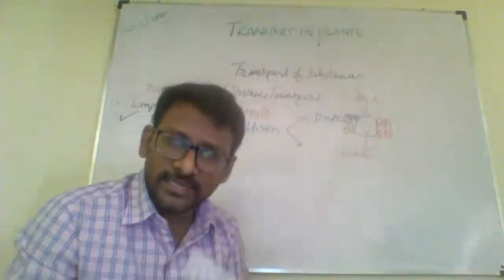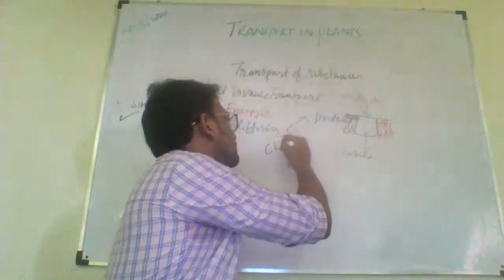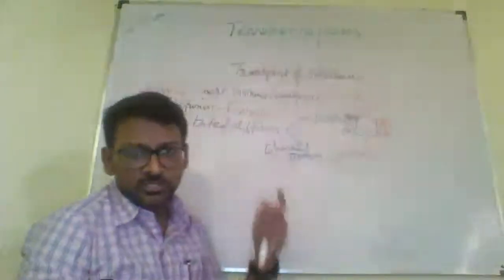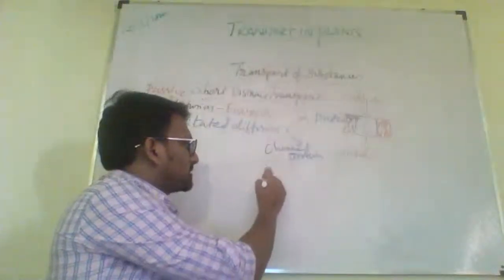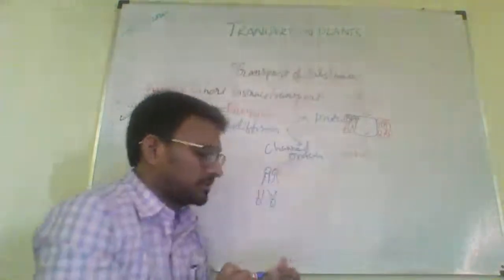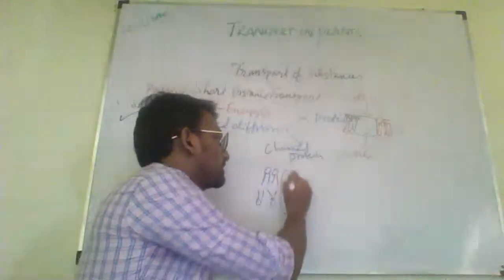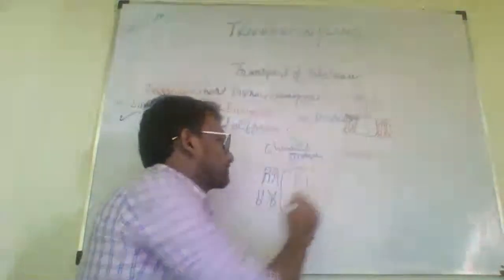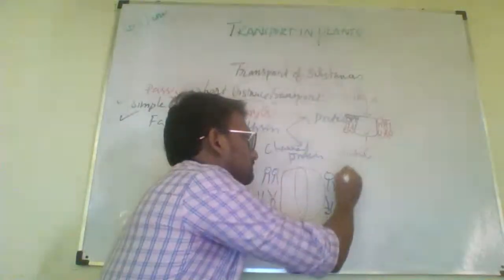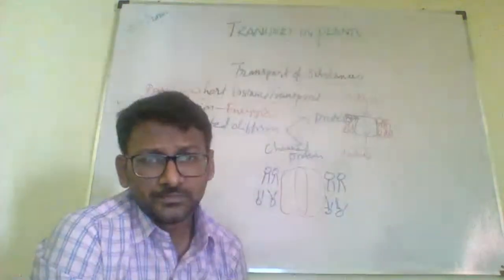So the next type is channel proteins. In this lipid bilayer, you will have these proteins embedded like this.